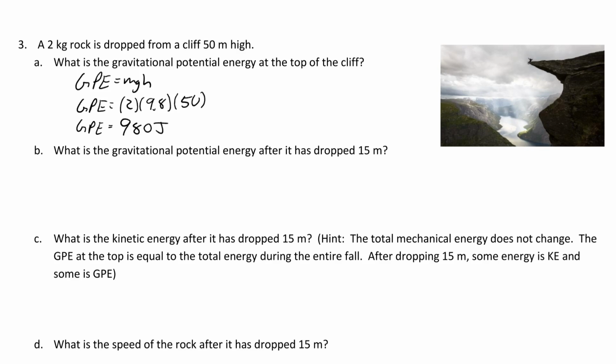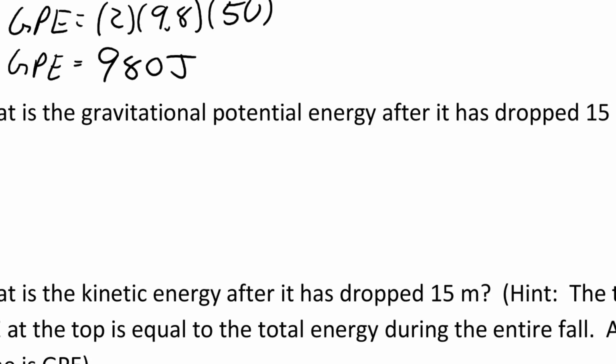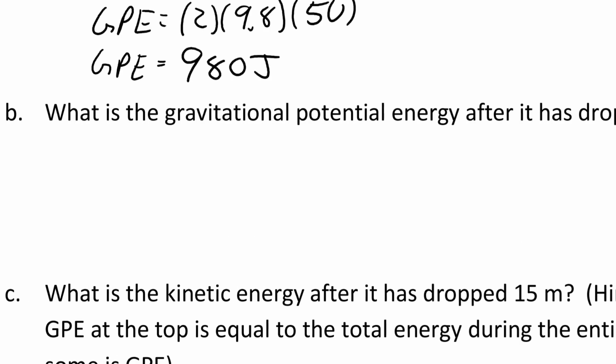Then it says, what is the gravitational potential energy after it is dropped 15 meters? So did it go the full 50 meters? It certainly did not. So let's draw ourselves a little picture here. Here's the cliff. It's 50 meters tall. Here's the rock. Initially it has 980 joules of GPE.